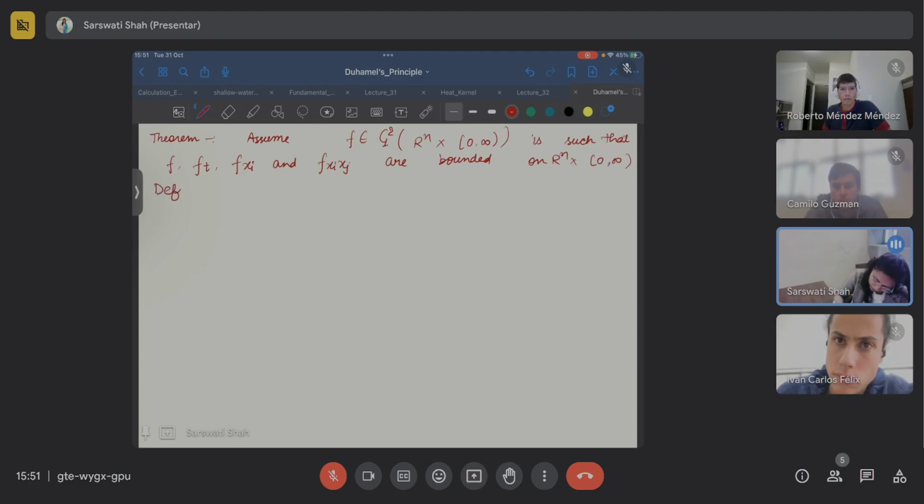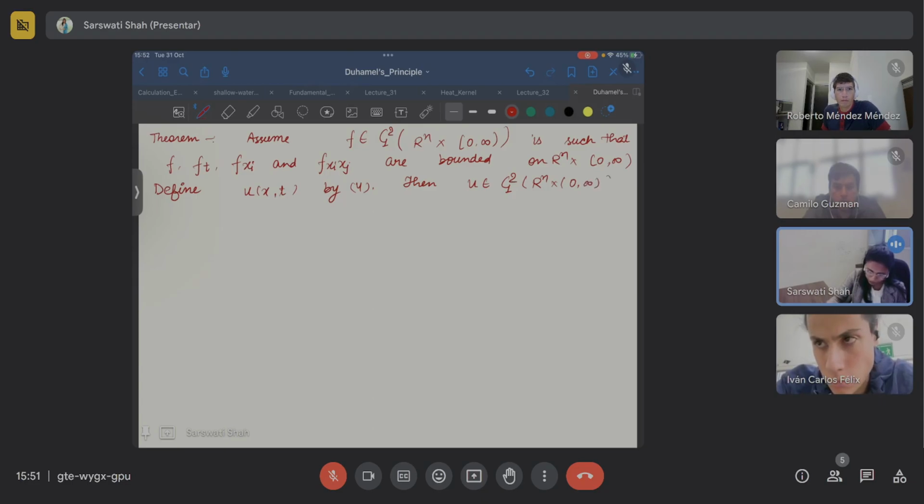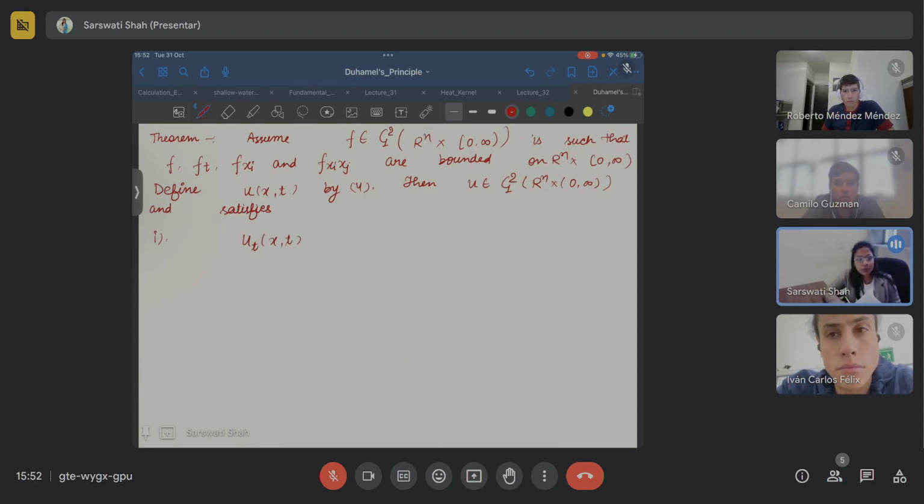Now define u(x,t) by the formula, then u belongs to C1 square on Rn cross 0 comma infinity, and satisfies u_t(x,t).